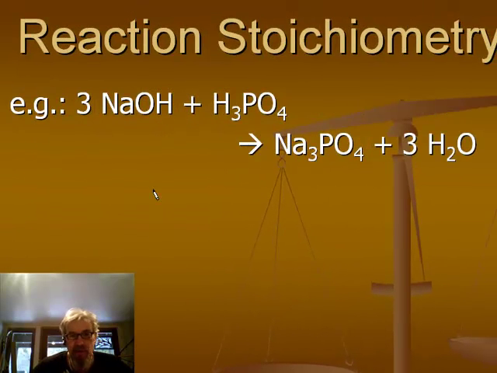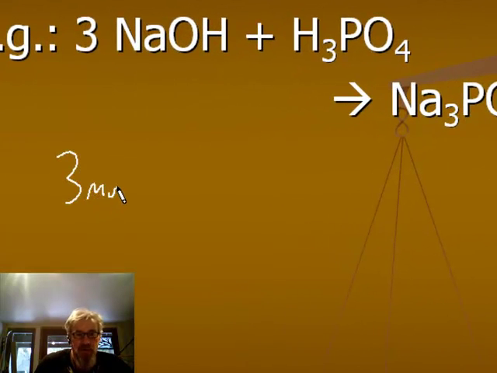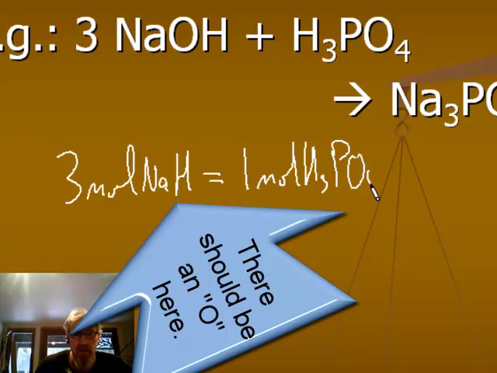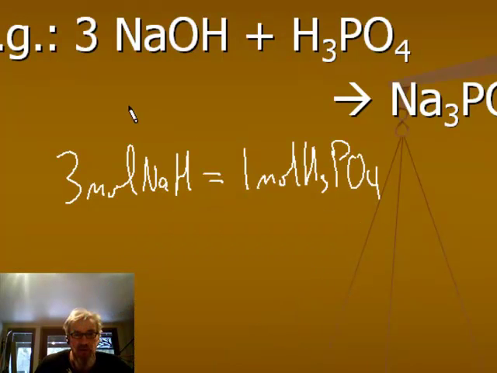For example, if we look at this balanced chemical equation, we can pull out a number of stoichiometric equivalencies by looking at the substances involved and the coefficients on those substances. Here's one. 3 moles of NaOH is the stoichiometric equivalent of 1 mole of H3PO4. And we get that from looking at the coefficients. 3 in front of NaOH, and a 1 is implied in front of the phosphoric acid, or H3PO4. You can get other ones.